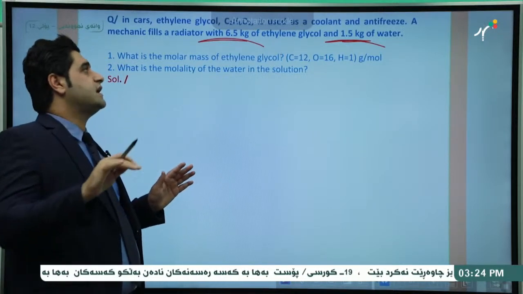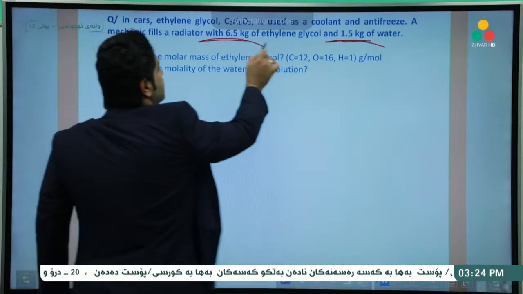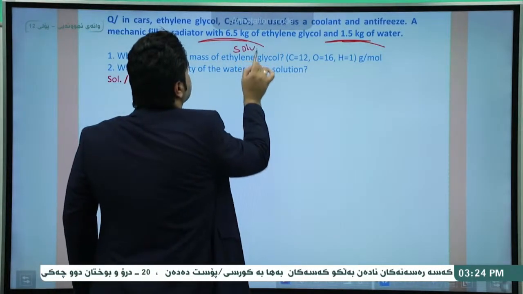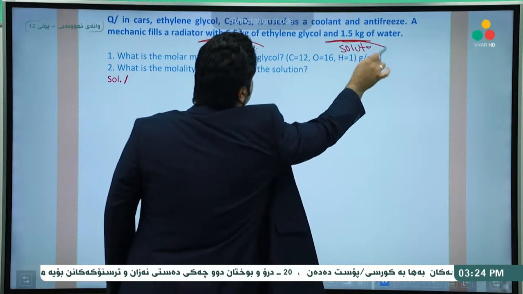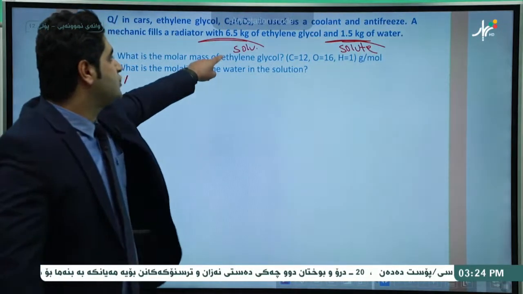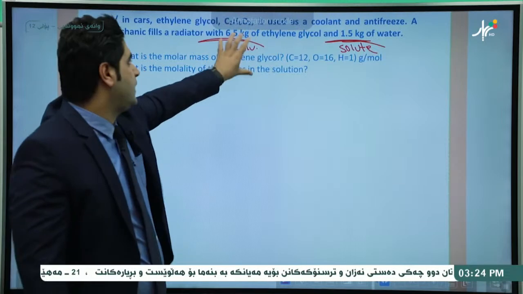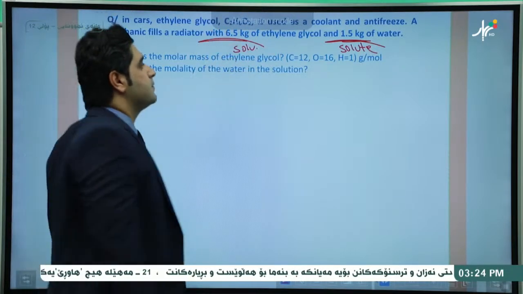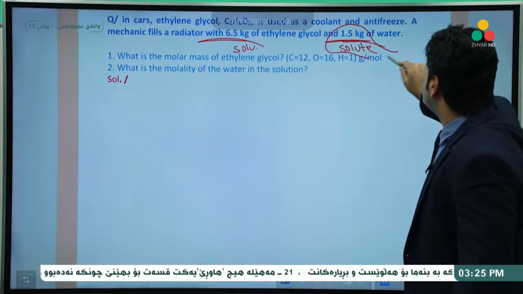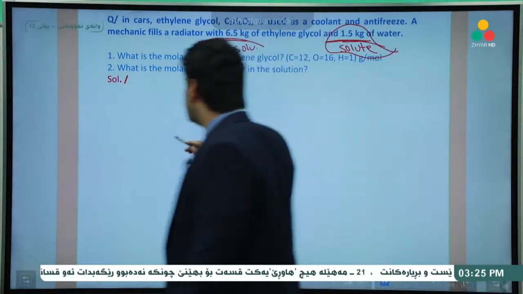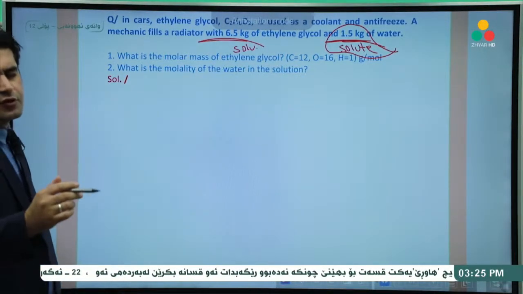Now each of them is liquid, and we don't have that form of phrase: glycol in water, or water in glycol. So how can we recognize? The larger amount is the solvent, and the smaller is the solute. So we should keep this information in kilogram. Well, we don't have any problem with that, but we should convert this kilogram into number of moles. In number of moles, we use kilogram or gram?